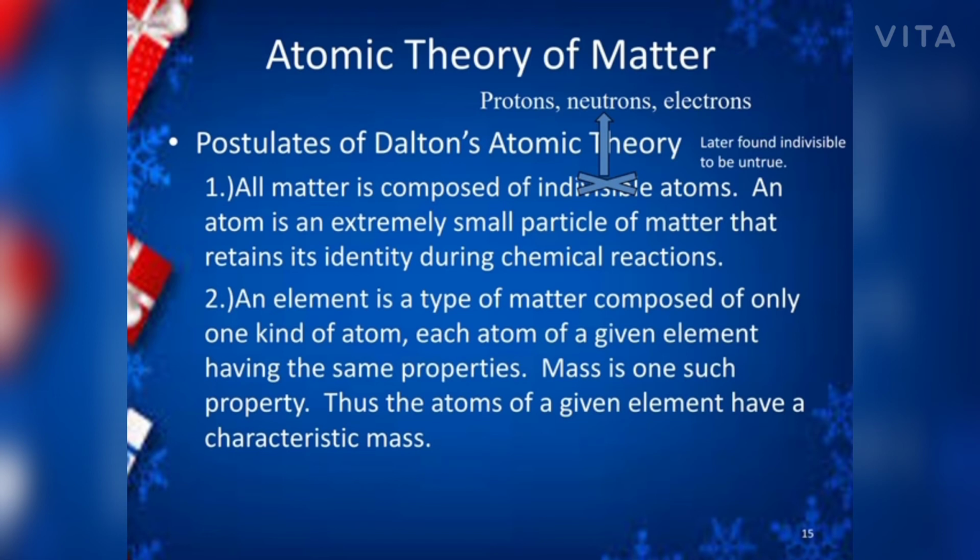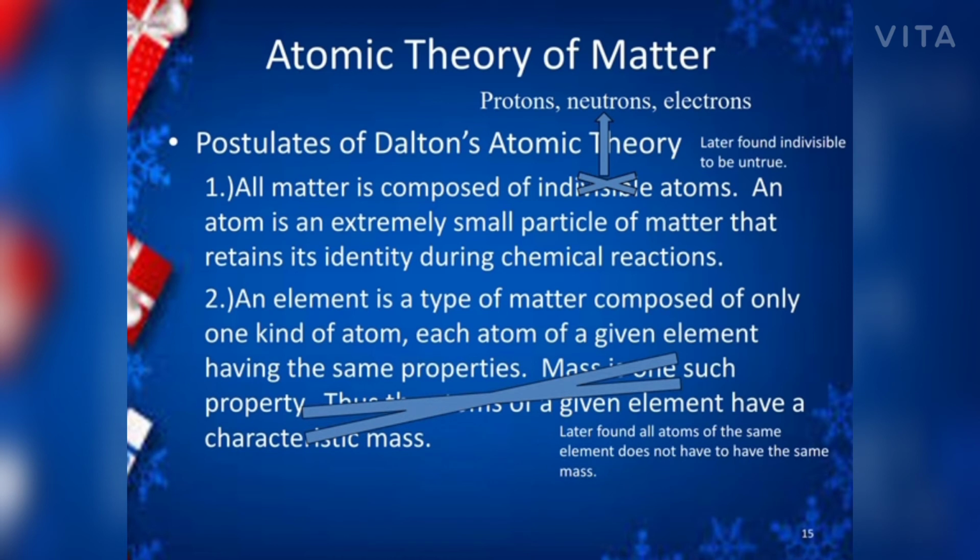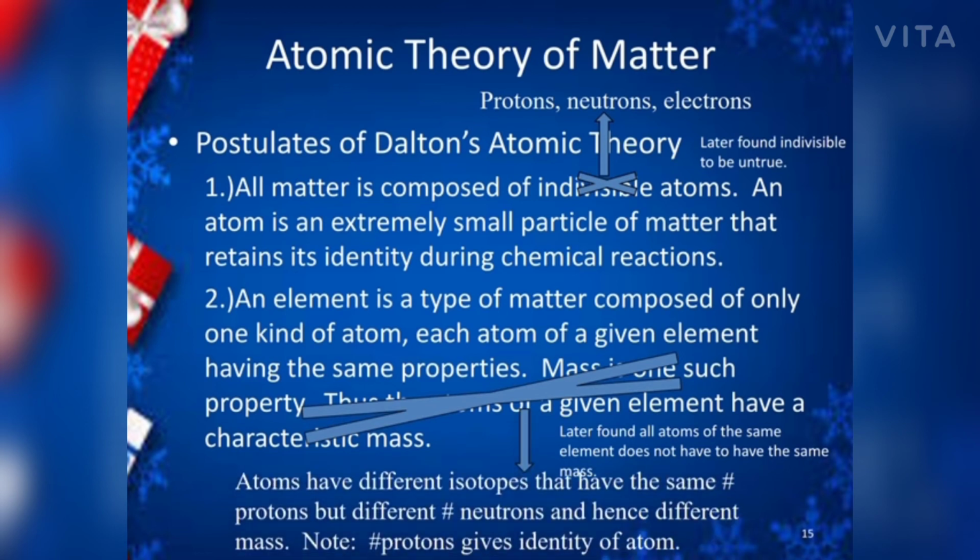Mass is one such property, thus the atoms of a given element have a characteristic mass. No. It was later found that all atoms of the same element do not have the same mass. That is called an isotope. Atoms have different isotopes that have the same protons but different neutrons and hence different mass.